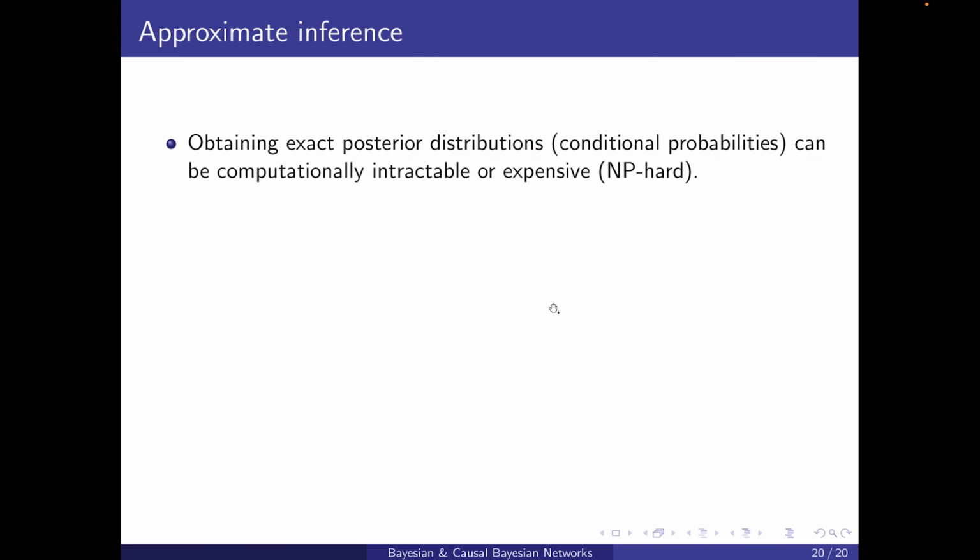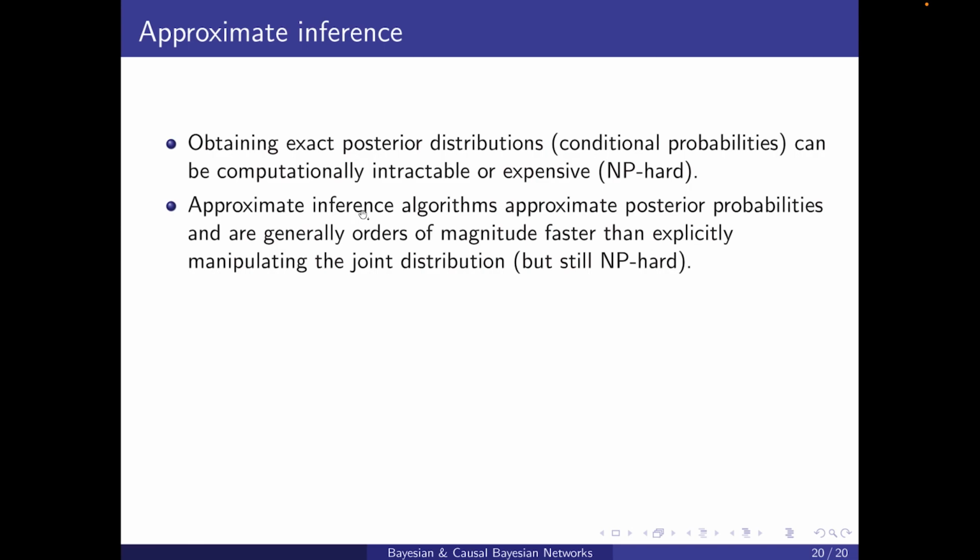So obtaining exact posterior distributions, like conditional probabilities, can be computationally intractable or expensive, NP hard. Approximate inference algorithms approximate posterior probabilities and are generally orders of magnitude faster than explicitly manipulating the joint distribution, but still they can be NP hard.